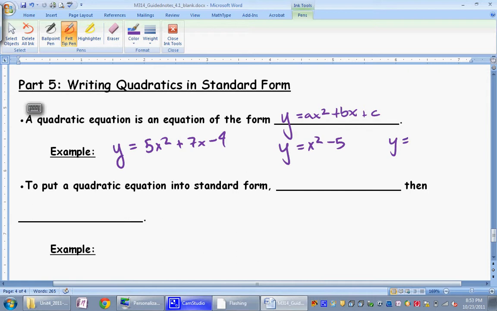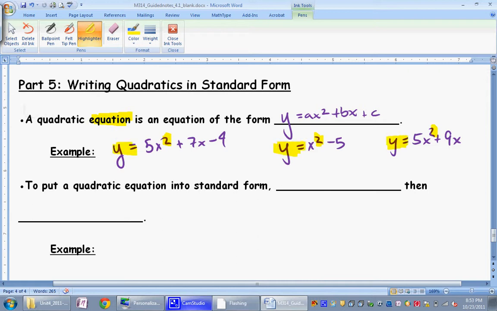A quadratic equation really is just the same quadratics we were looking at earlier in the notes, so degree of 2. And the reason it's called a quadratic equation now is because we have a y equals in it. So that's the only thing that differentiates a quadratic equation from a quadratic polynomial, which is what we were working with earlier in the notes.